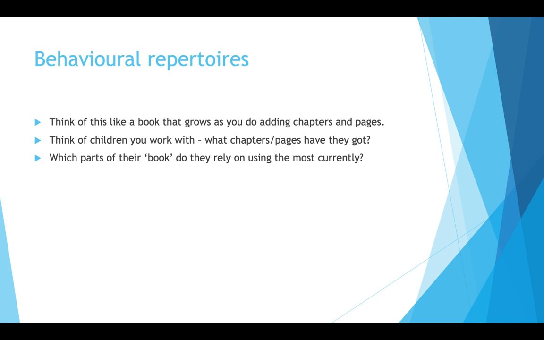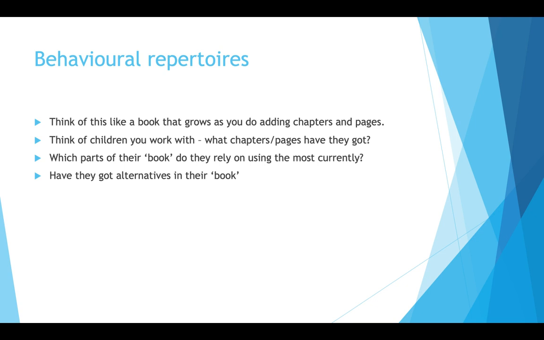So which parts of their book do they rely on using the most currently? That's a really key thing to try and look out for. They are doing something. They are doing a behaviour. It might not be the one you want, but they're filling up their days picking a behaviour out of their repertoire. So if they're spending 80% of their day outside of class, then that's the part of their book or their repertoire that they are relying on the most.